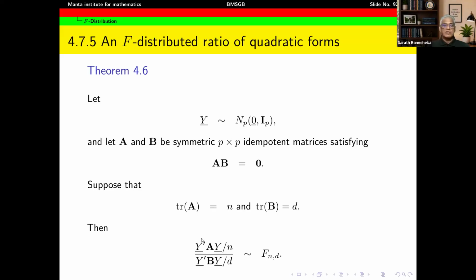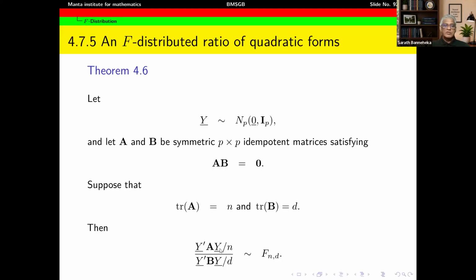That quadratic form has a chi-square n distribution. So what we have is a chi-square random variable divided by its degrees of freedom. Similarly, y dash B y should have a chi-square d distribution, and here we have that quantity divided by d.